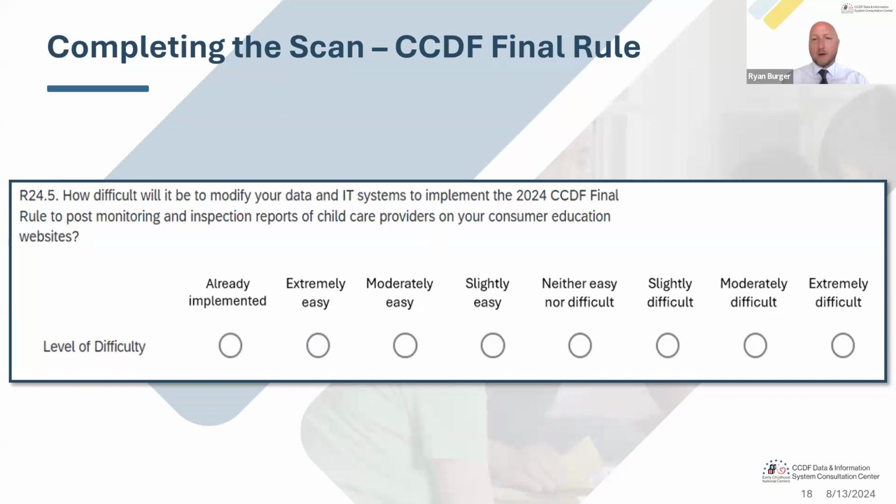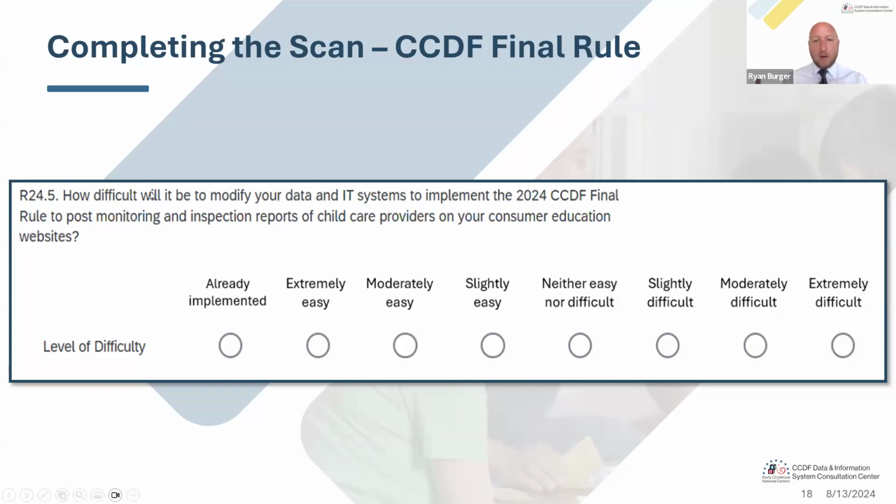So we'd like you to think holistically about some of your responses in the previous section related to your general IT processes. Things like how easy or difficult might it be to communicate the new requirement to those entities responsible for developing or enhancing the relevant data and IT system. Another question is how easy or difficult might it be to incorporate the new rules into existing CCDF processes that rely on a data or IT system.